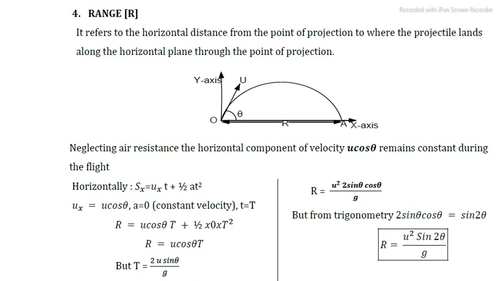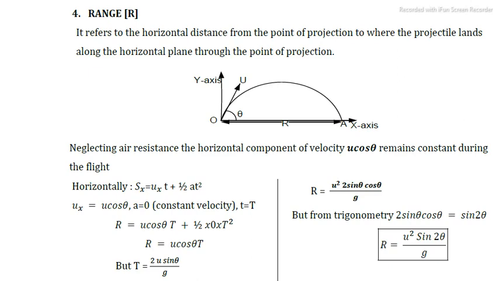So from our second equation, which says s equals ut plus a half at squared, we want s x because it is horizontal, so it is s x equals u x t plus a half a t squared.